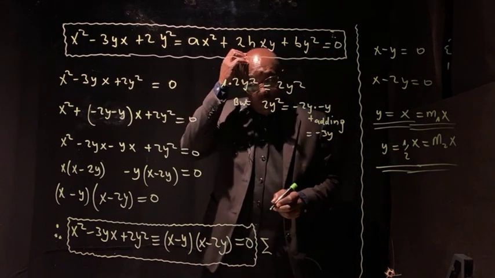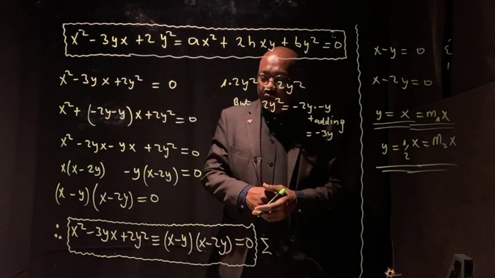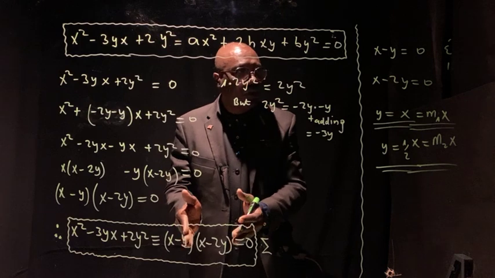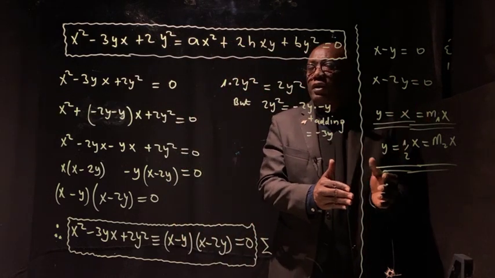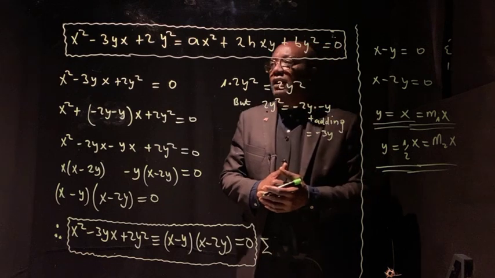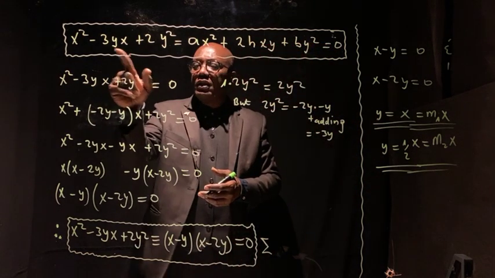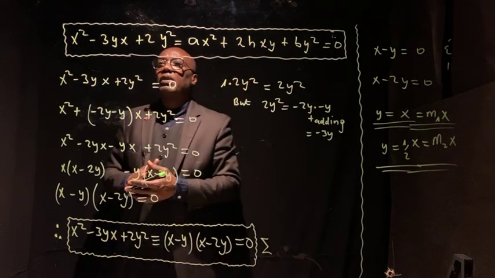So you can see that the homogeneous equation of second order gives rise to two linear equations that pass through the origin. So now you can see what we said earlier, that this equation is an equation of a pair of lines.